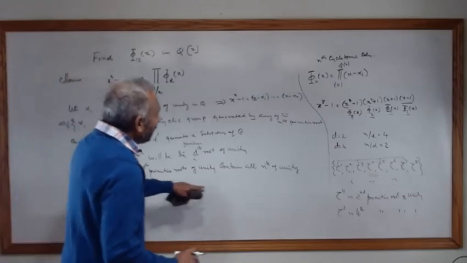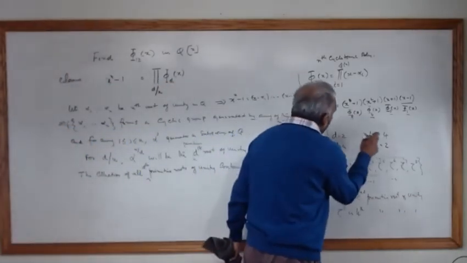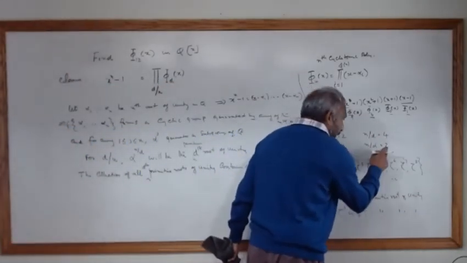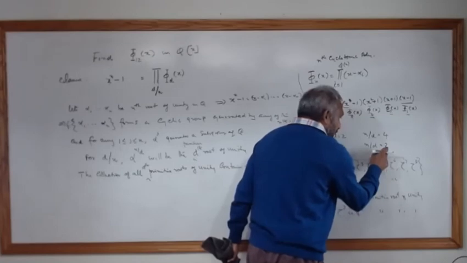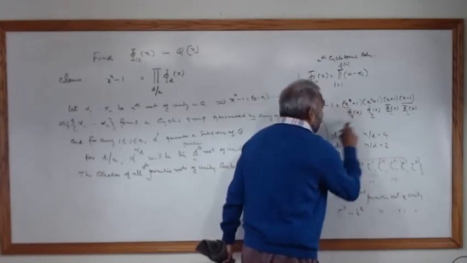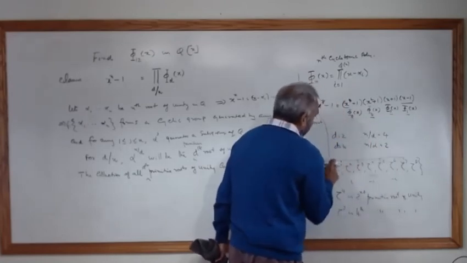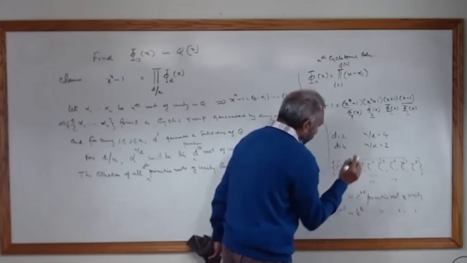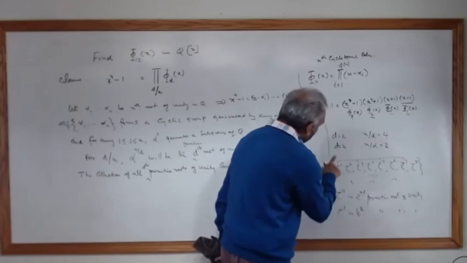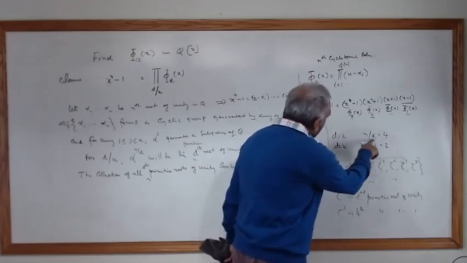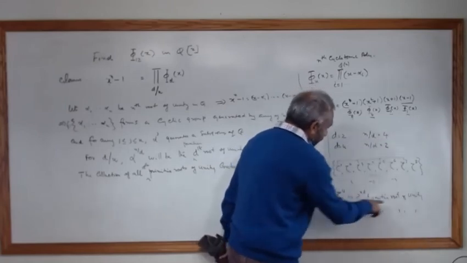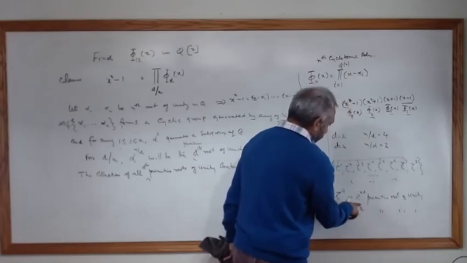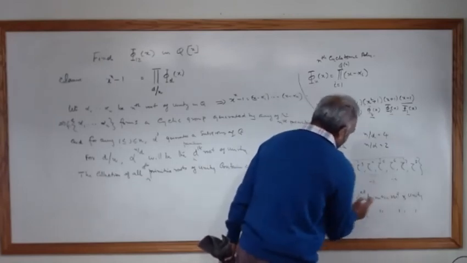What I am trying to say here is, if you take 2, 4, 1 and 8, if d is equal to 2, then n by d is equal to 4, so this is one of them, and minus i is another one.